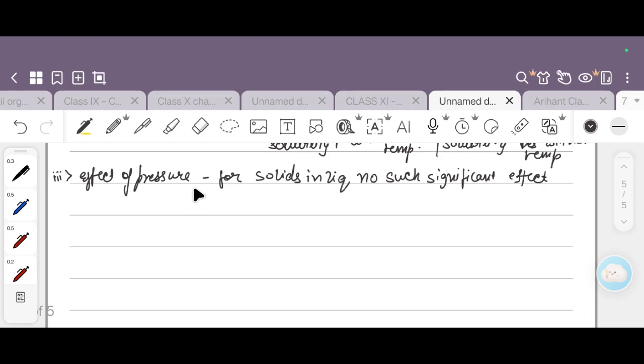Now the next is the solubility of gas in liquid.